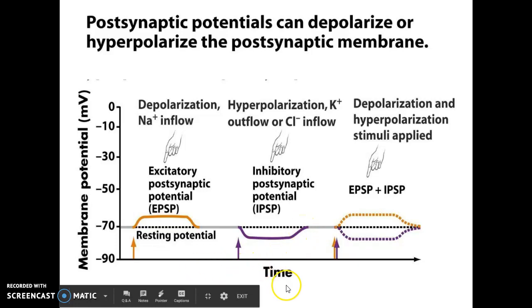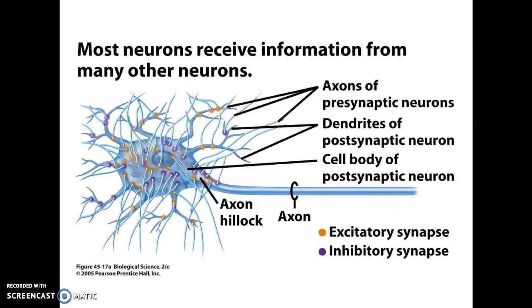And so we're just going to have the postsynaptic and presynaptic responses summed over the cell body using temporal and spatial summation. And the key is if at the axon hillock it's ever greater than the threshold potential.